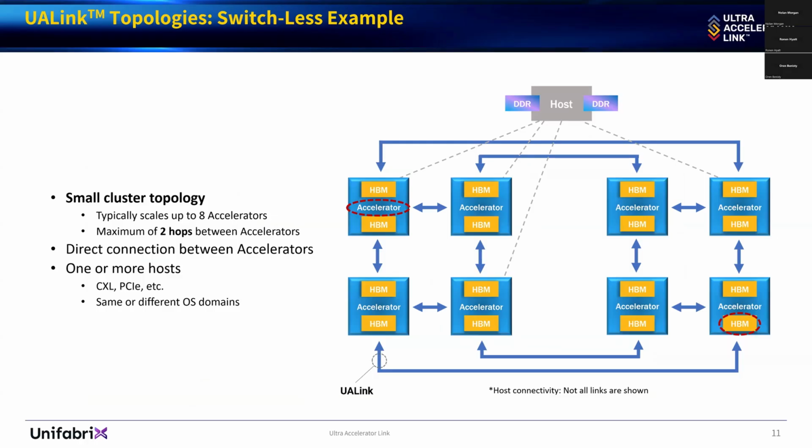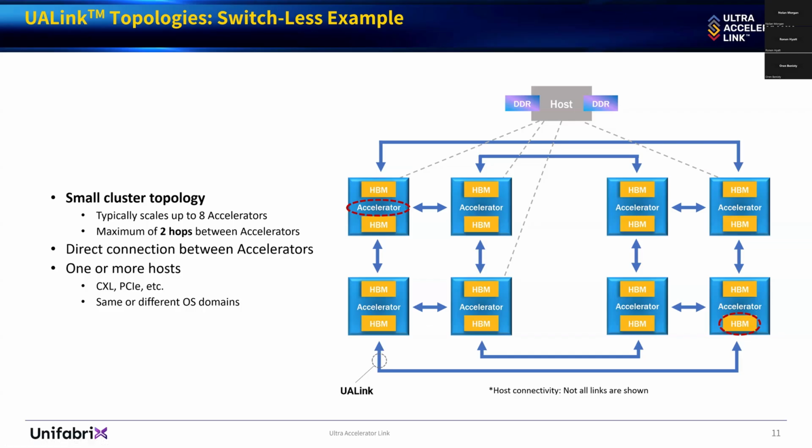Looking at some of the typical topologies that UALink can use. So this is one example of a switchless topology. Usually it serves a small cluster up to 8 accelerators. Here we see the 8 accelerators interconnected between themselves.